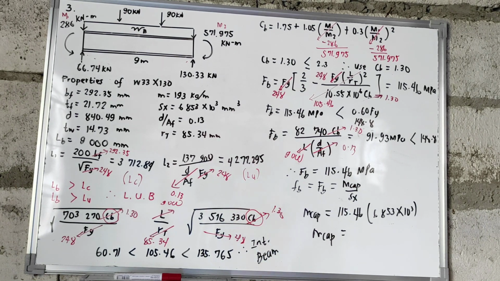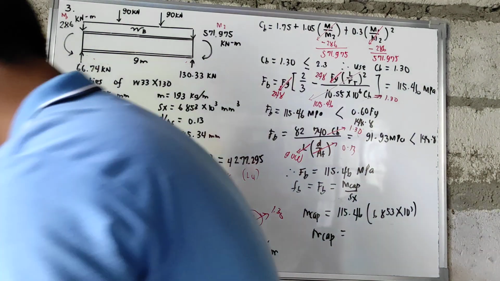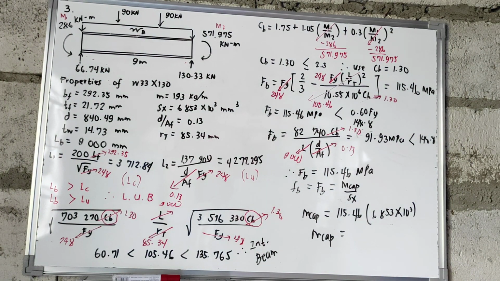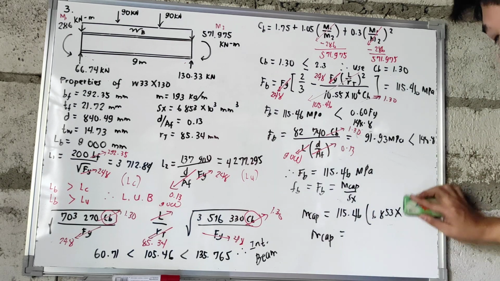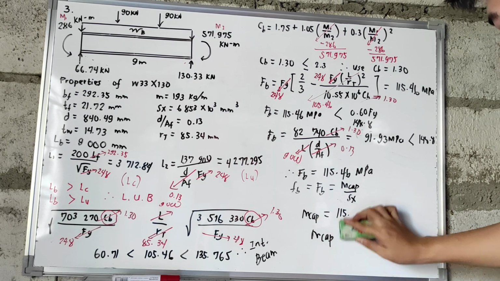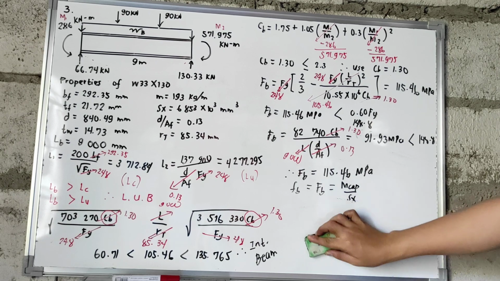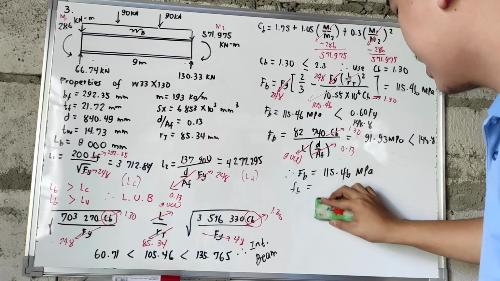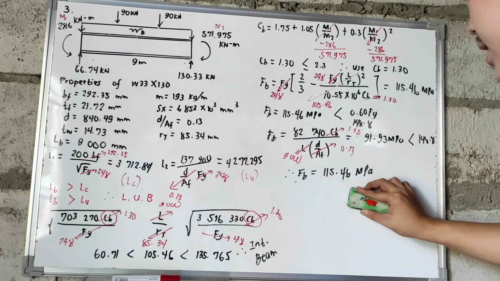Huwag na lang natin atakihin dito sa M capacity natin. Gagawin na lang natin is kunin yung actual bending stress na mangyayari sa beam natin. Tapos, i-compare natin siya sa allowable bending stress.